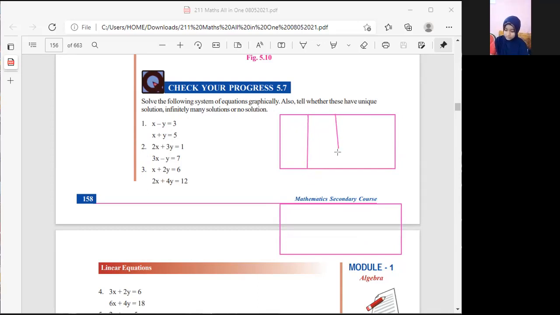Start doing this in your notebook along with me so that we are done quickly and can do the plotting of the points and find the solution. And others, please keep your cameras on so that I know you are with us and doing it with us.